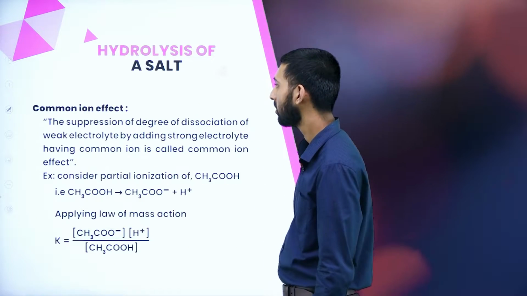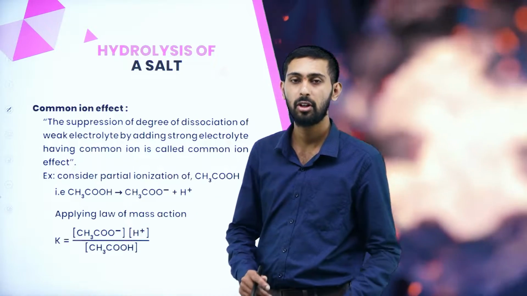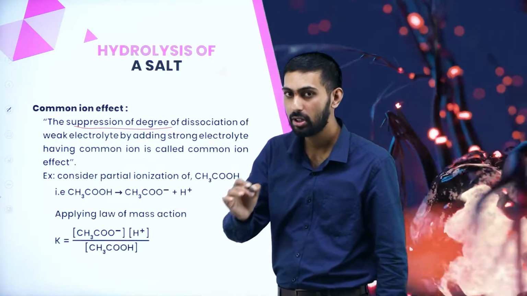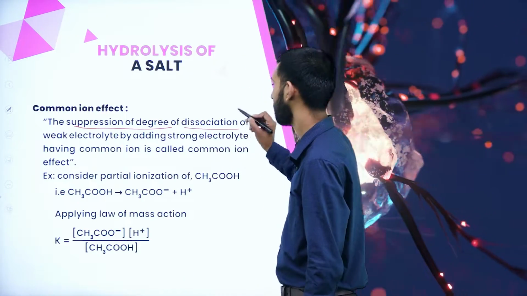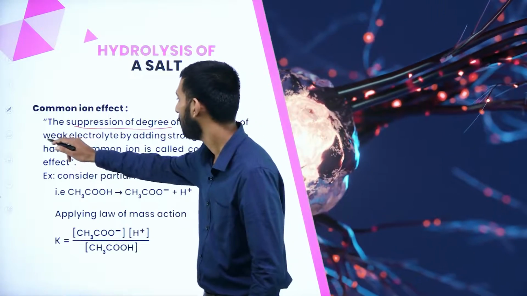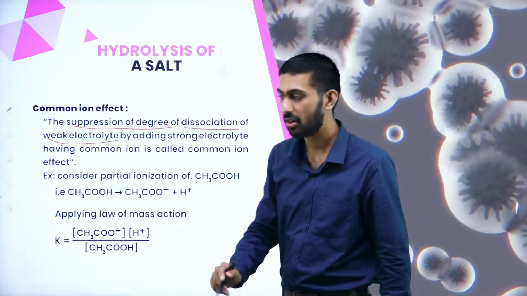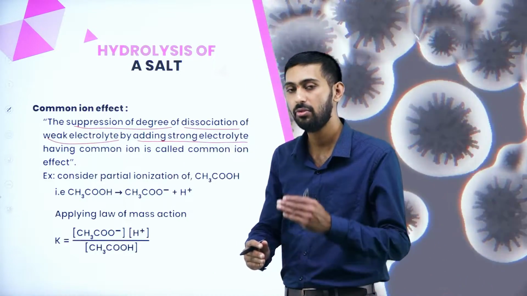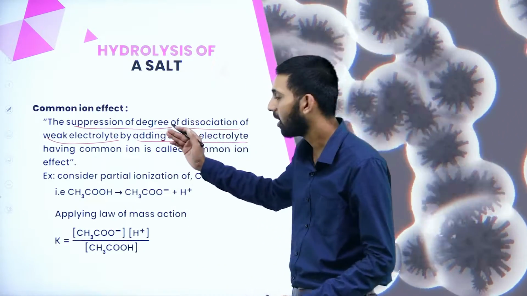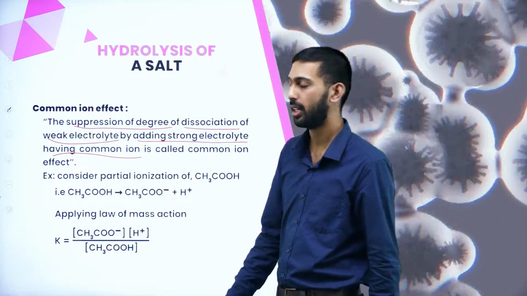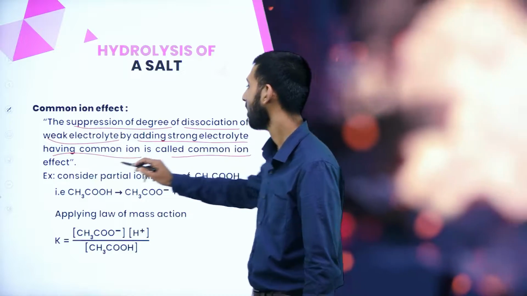Next thing is common ion effect. What do you mean by common ion effect? It is the suppression of the degree of dissociation of a weak electrolyte by adding a strong electrolyte having a common ion. That is known as the common ion effect.